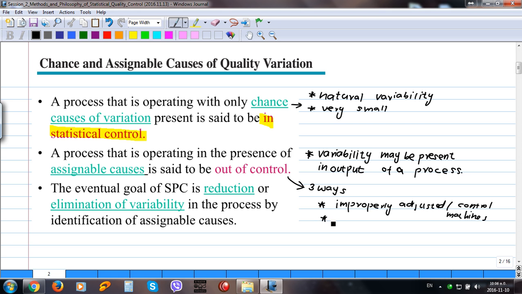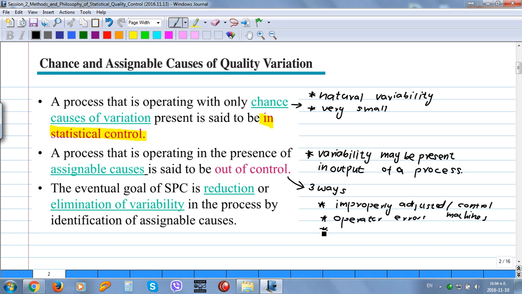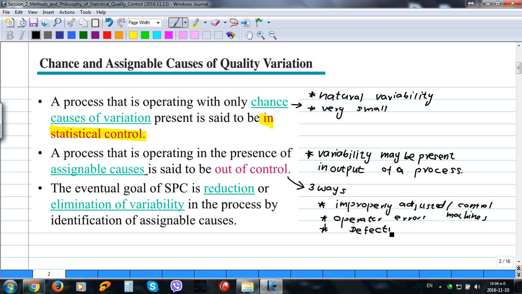Or there can be operator errors. As well, when we use raw materials for an industry, if there are defective raw materials, then assignable causes can happen. Then the process is out of control.